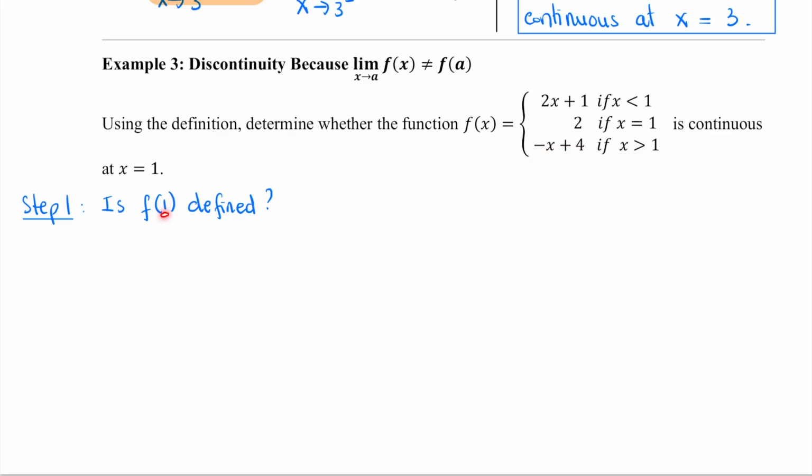Now, my x is equal to 1, so I'm using 2. f of x will be equal to 2 if x equals 1. So f of 1 equals 2. That means my function is defined at x equals 1.